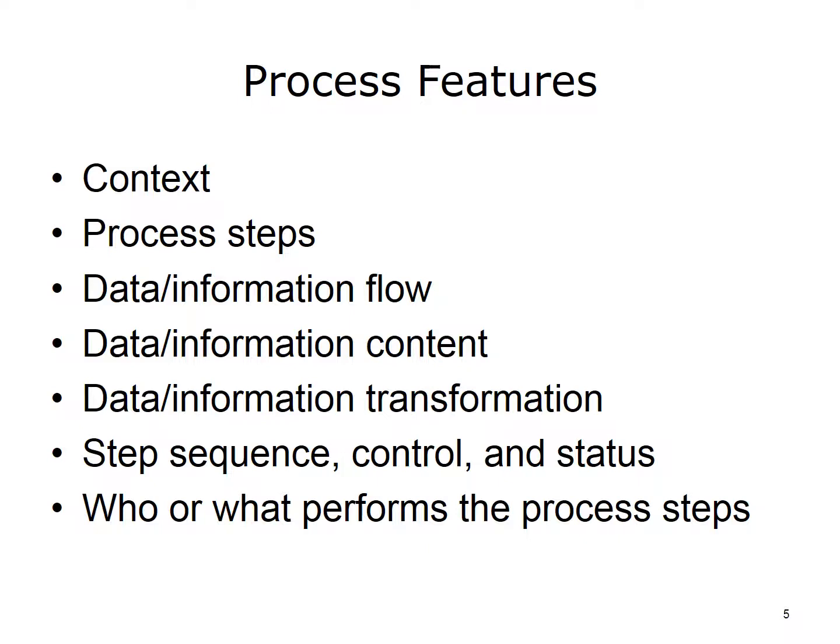Briefly, by context, we mean how a system or process interacts with the rest of the world. For example, a context diagram is used to view the system in the context in which it operates. Context diagrams show main system components and the ways in which the system interacts with things outside of the system. For example, inputs and outputs.